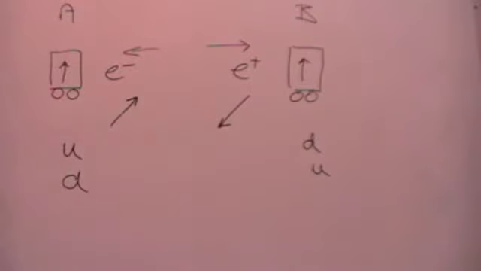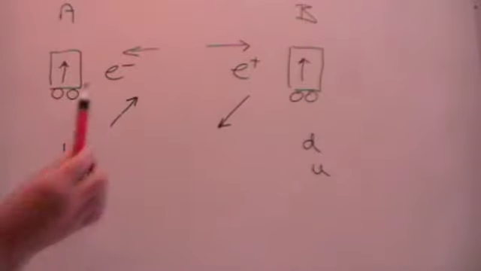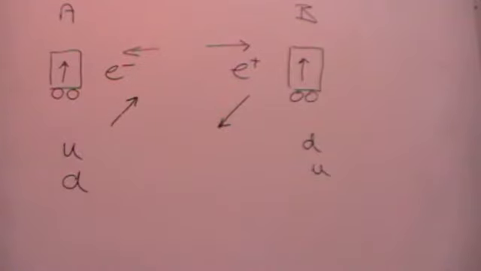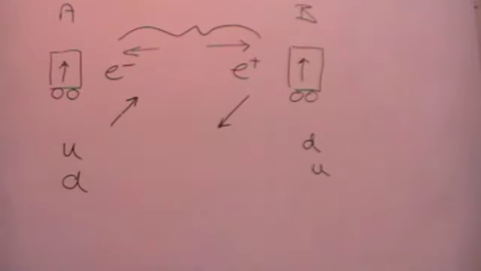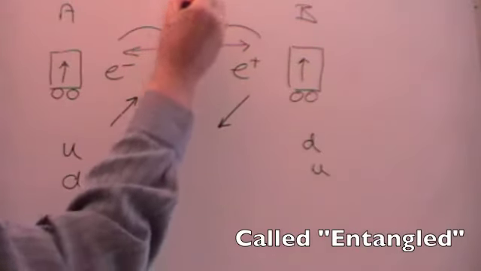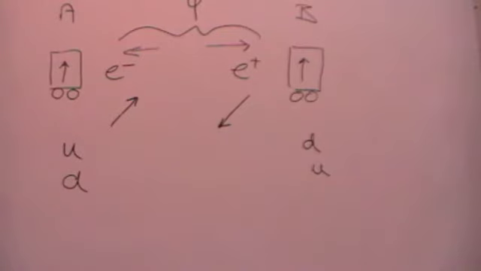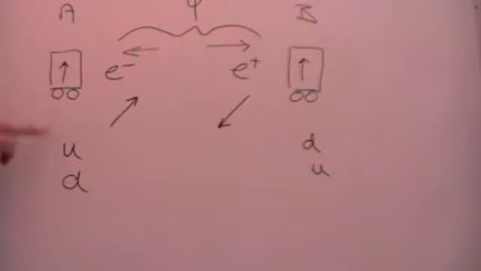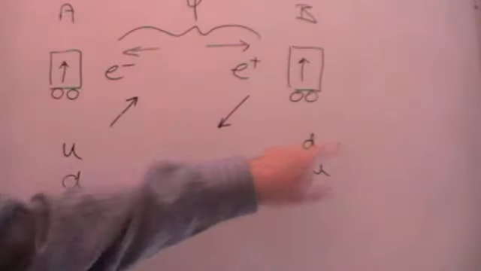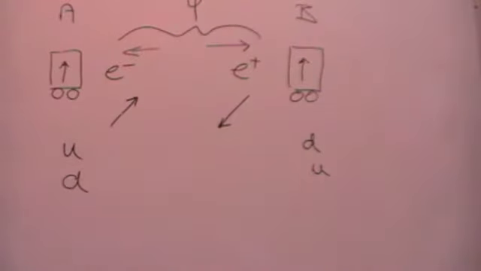And the explanation for that is that instead of these particles being two separate particles, each with their own wave function, each with their own linear superposition of up and down states, these two particles are somehow conjoined with a common wave function. And that common wave function dictates that whatever spin Alice measures, Bob will always measure the other. Now this is something that Einstein did not like.